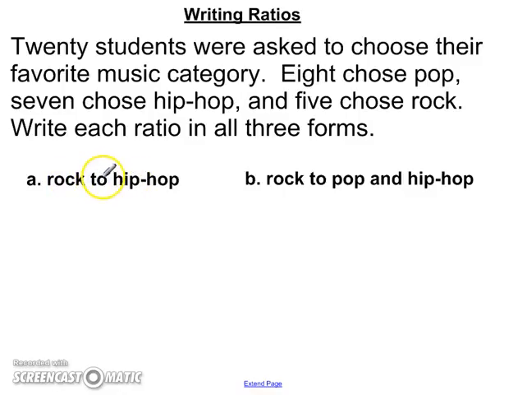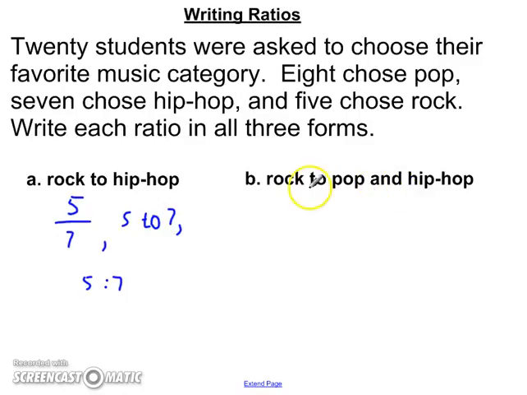So how many people chose rock? Well, 5 chose rock. So 5, and I'm going to do it as a fraction first, 5 to hip-hop, in this case 7 chose hip-hop. So 5 to 7. If we write it as a phrase, it's 5 to 7. If we write it with a colon, it's 5, and then your colon, 7. All of these cases read as 5 to 7.